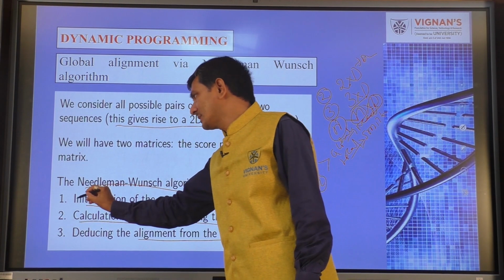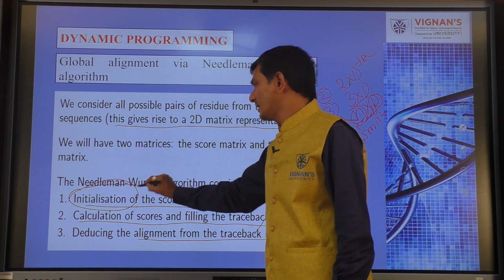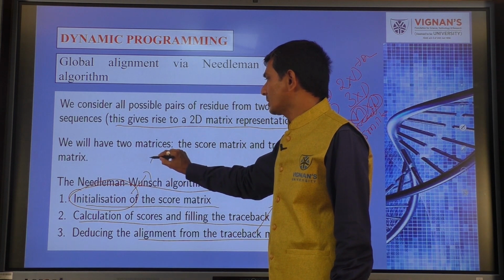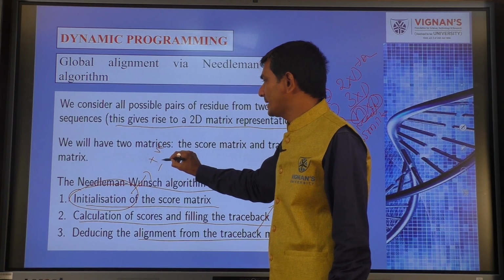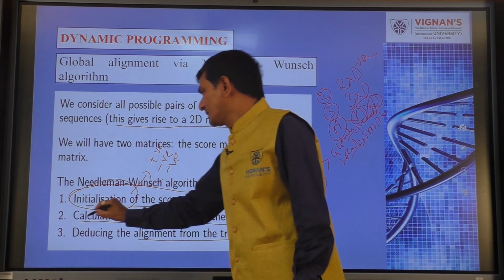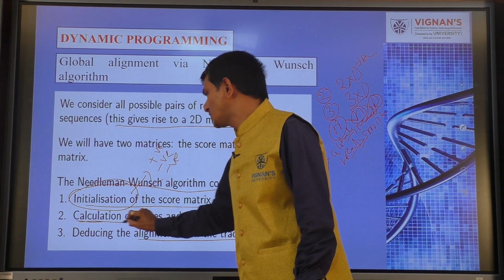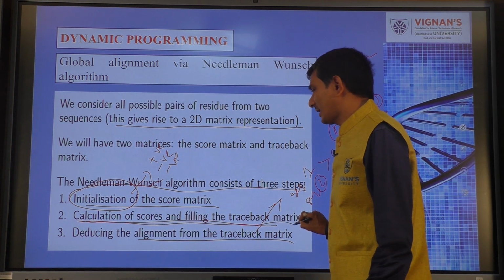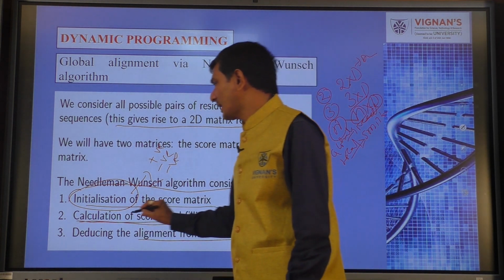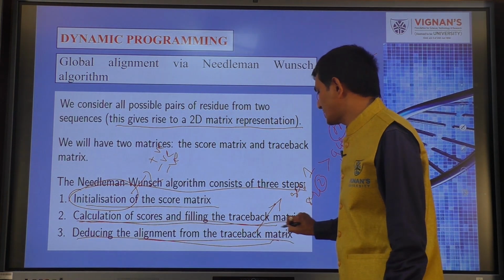So, the 3 steps: the first step we call initialization, where we assign a positive value for match, a negative value for mismatch, and a negative value for gap. Once the values are initialized, we calculate values for each and every box in the matrix. Once all the values are calculated across the entire matrix, the last step is the traceback.